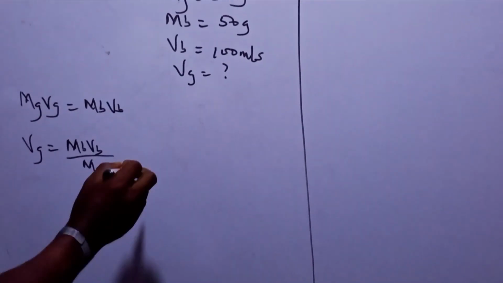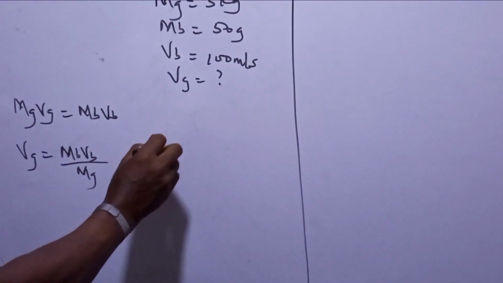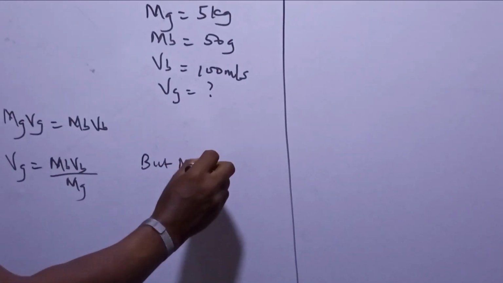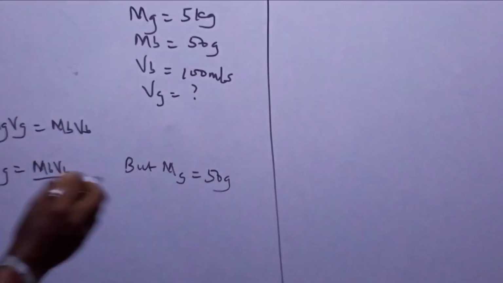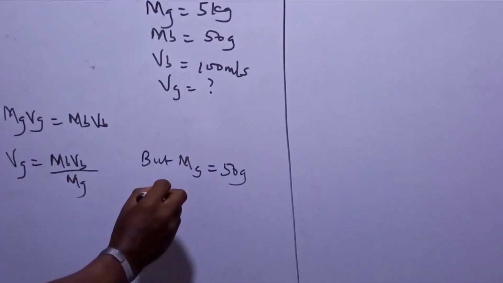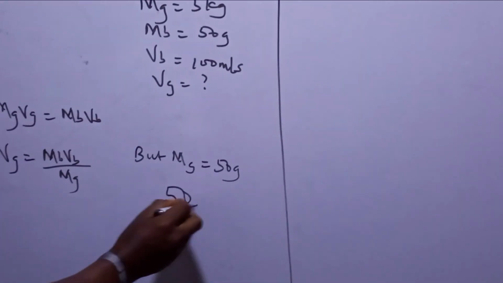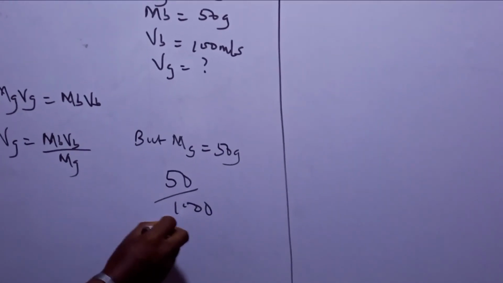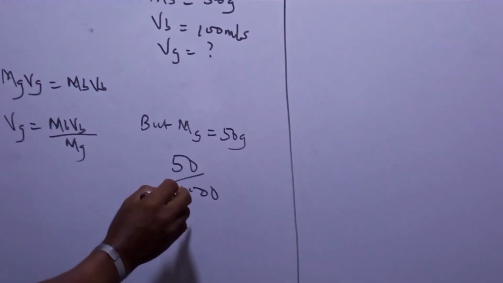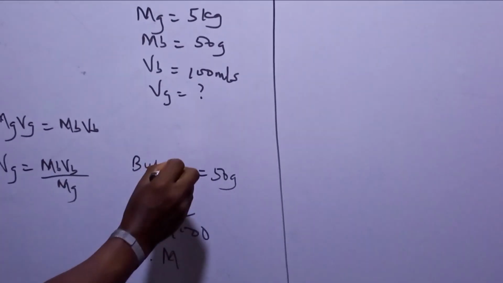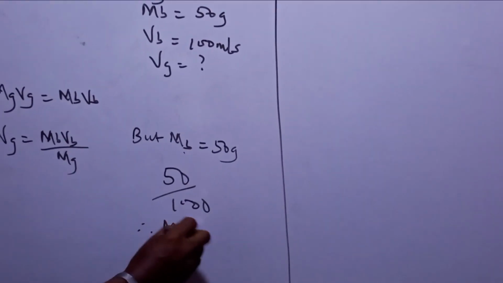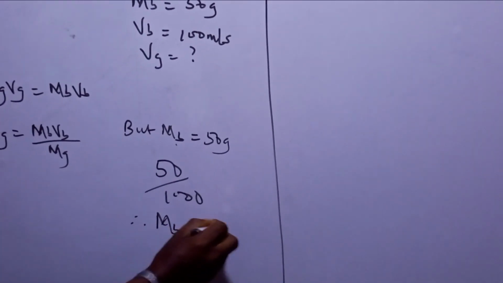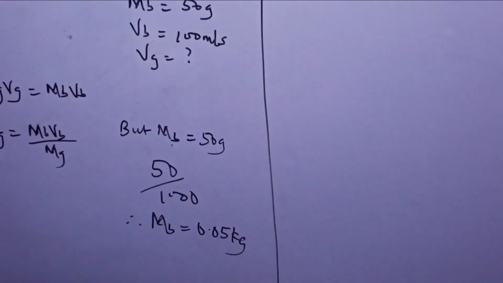But the mass of bullet is 50 grams. We have to break it down to kilograms. We have 50 divided by 1000. Therefore, mass of bullet here will be 0.05 kilogram.